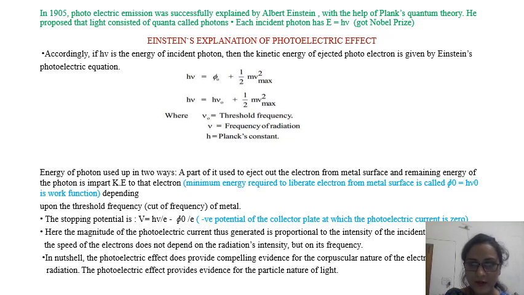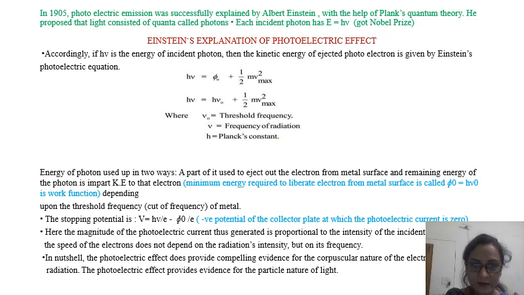A part of it is used to eject the electron from the metal surface, and the remaining energy of the photon imparts kinetic energy to the electron. The minimum energy required to liberate an electron from the metal surface is called the work function.